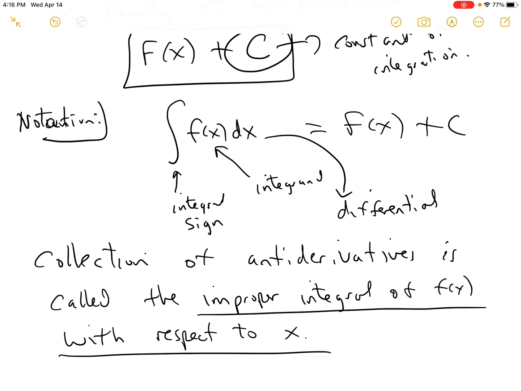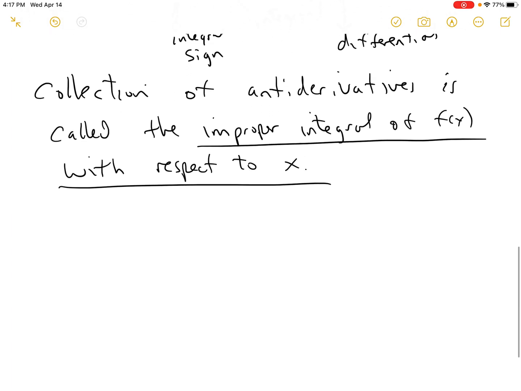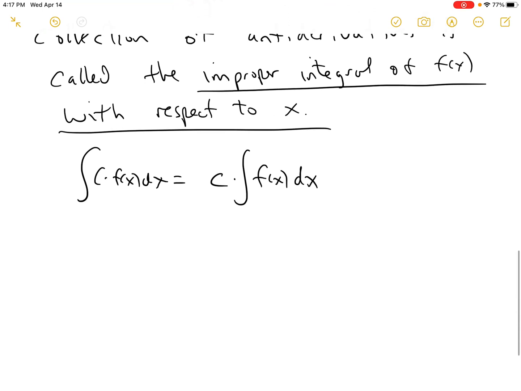And so integration is the reverse of differentiation. And all the rules of differentiation hold as well. So if you take the integral of some constant times f of x dx, the constant comes out front and it just multiplies. Right?